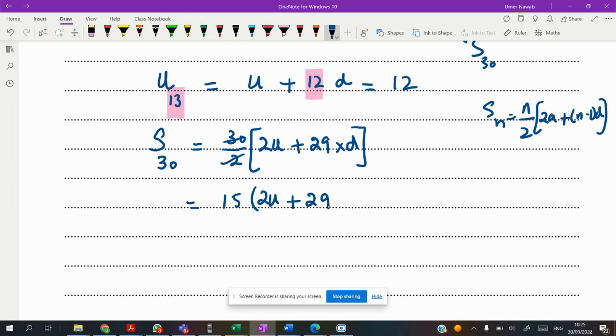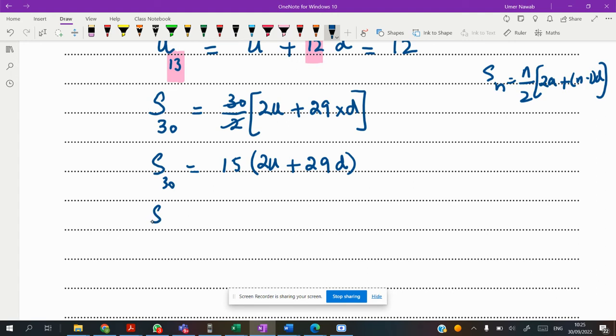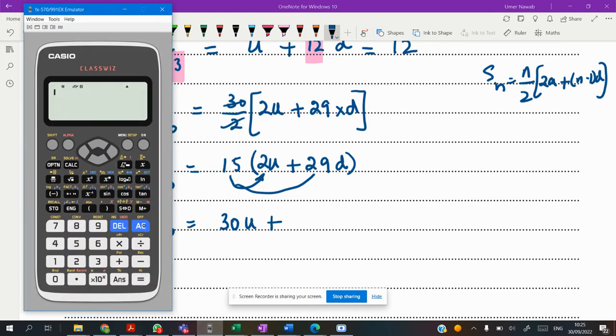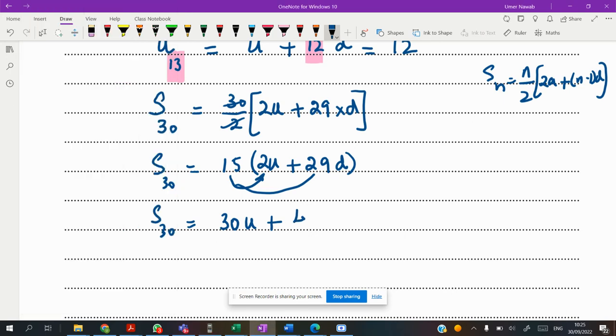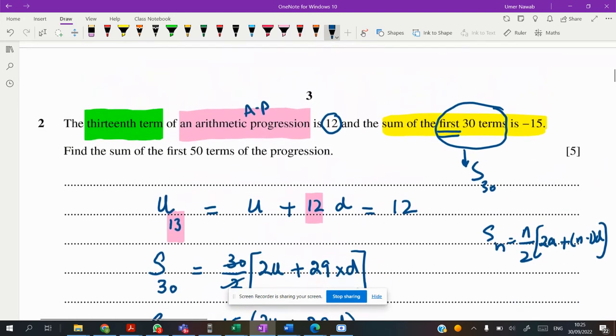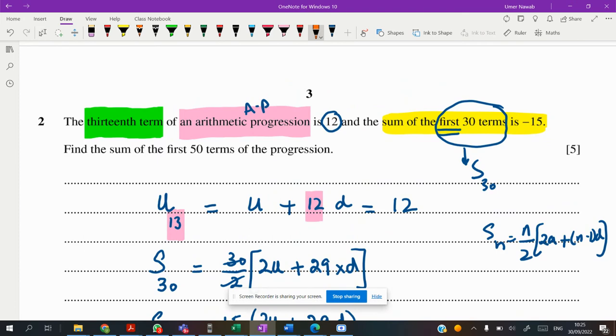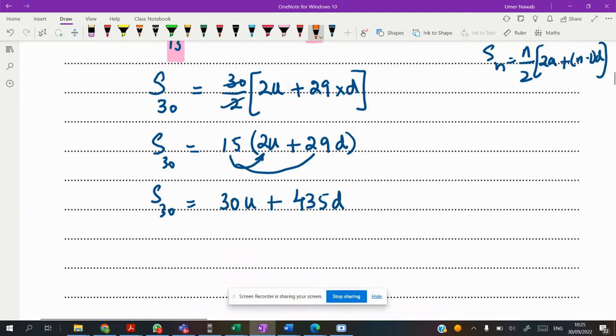And this is your S30. Can I open the brackets? So 30u plus 29 times 15 gives you what? 435d. Did he tell us S30 is equal to something? Wow, S30 is equal to minus 15.